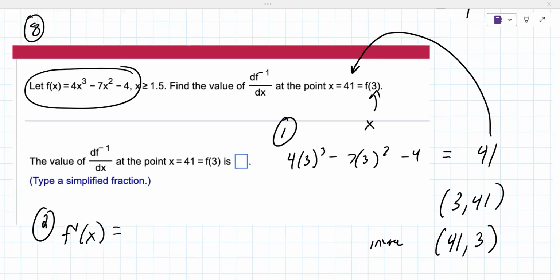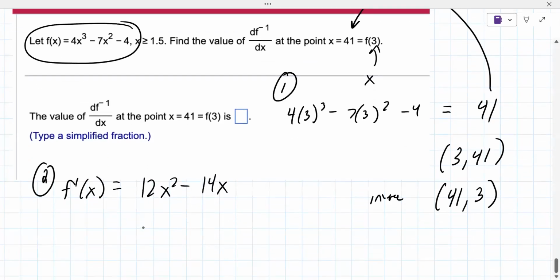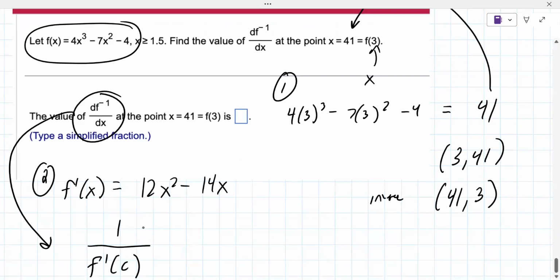I got 12x squared minus 14x. Good. Okay. Now the formula for this f inverse is 1 over the derivative at a point. Well, guess what that point is? It's the 3.